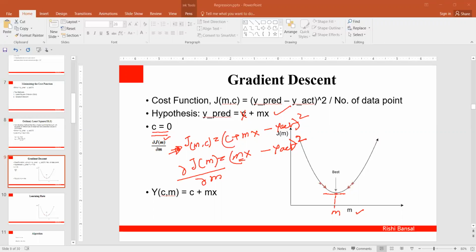Rishi, in both cases, OLS and gradient descent, we are solving the parabola to get the minimum cost function, right? Right, minimize the cost function.